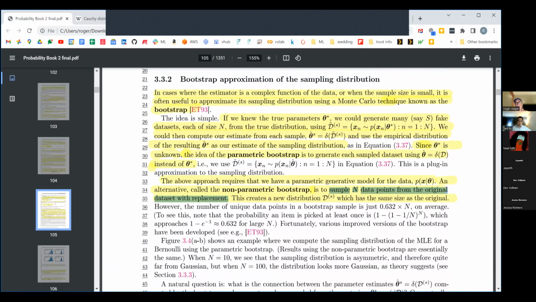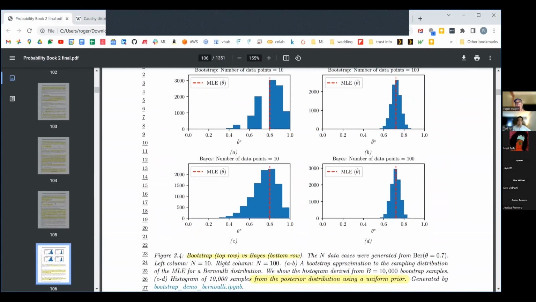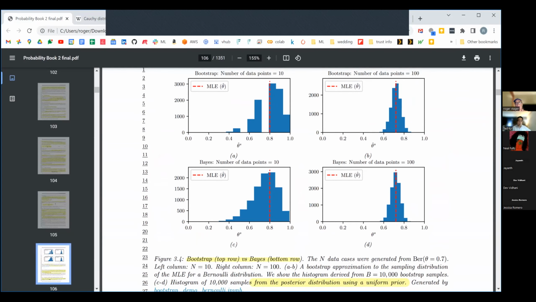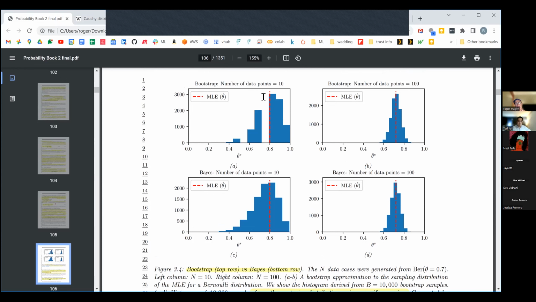Okay. Then here they show, this graph was kind of nice, two different approaches: bootstrapping versus a Bayes posterior. And I think it's for a small number of data points and a large number of data points. The two takeaways are, for a small number of data points, it looks kind of similar. This would be a beta distribution, I guess. Is that right?